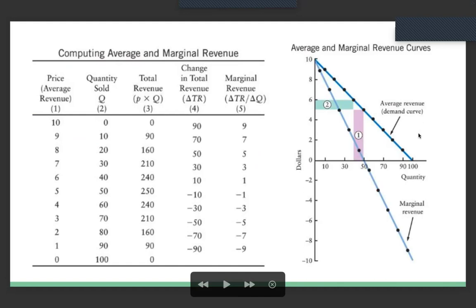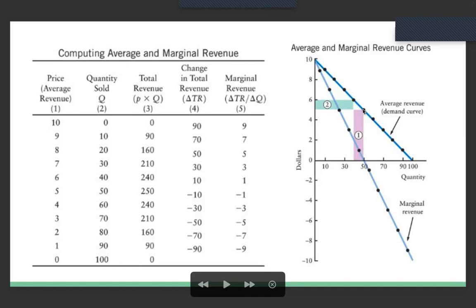So for monopoly, we get a marginal revenue curve that's lower than the demand curve, and we know demand curve is just the average revenue curve. And the reason for that is, think of a normal demand curve for any good that we have. If I want to increase the quantity of the goods I sell, I have to reduce the price on all units.